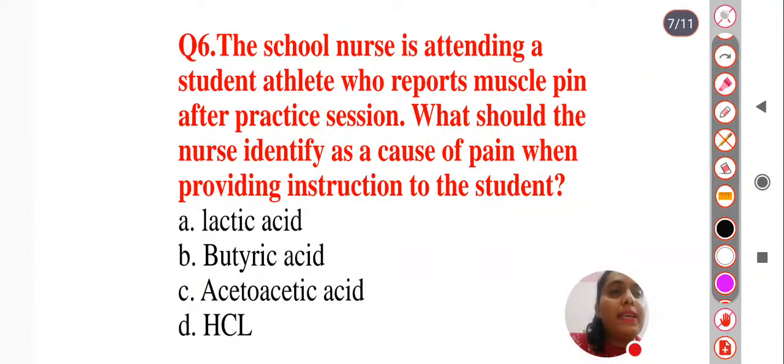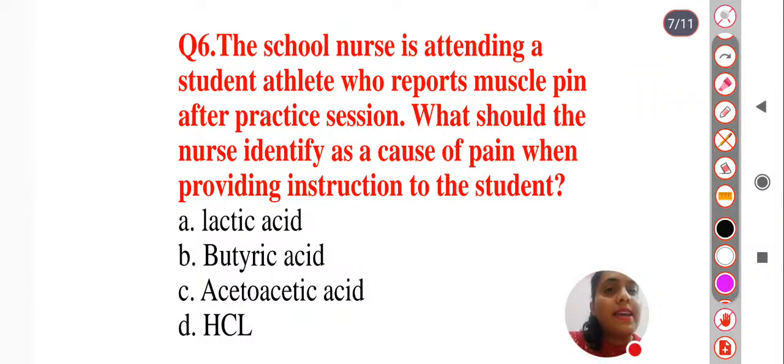All the students will reply. Kanika has answered A, lactic acid. Upma Gupta A, Kiran Chauhan A, and can any one of you explain this answer?